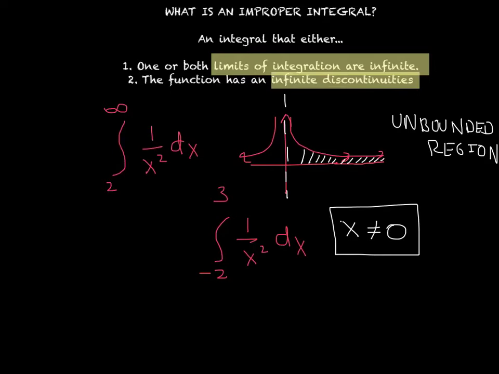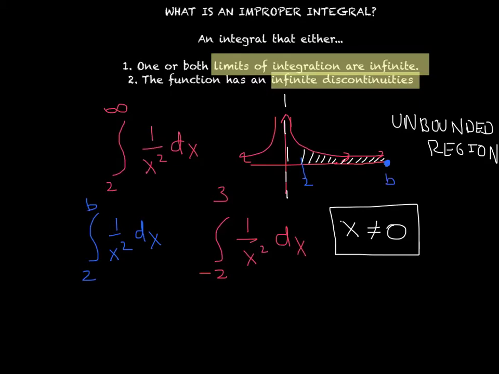So in this particular situation, what you do is you pick a point way out here that is a finite point that you're going to integrate to. Let's say for this problem we will integrate from 2 to, let's say, the letter b of 1 over x squared, because if we integrate from x equals 2 to x equals b, that is a finite area.